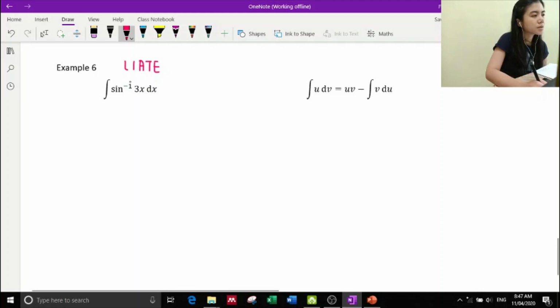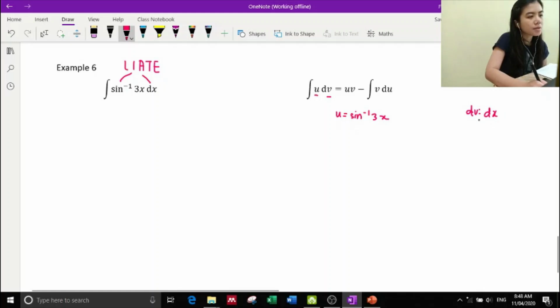Okay, let's just look at example 6. So now we have the u as sine inverse, and then you have the dv as your algebra, that is dx here.